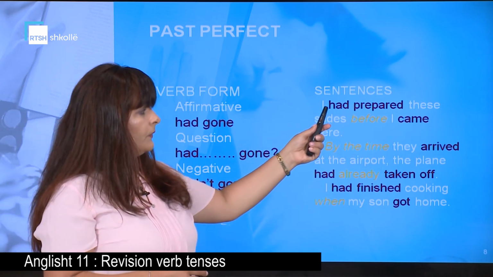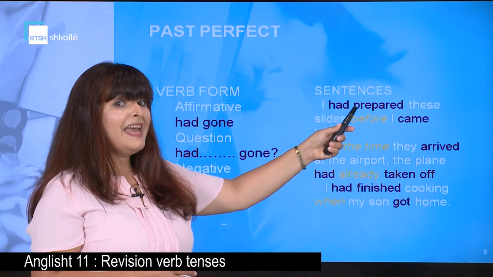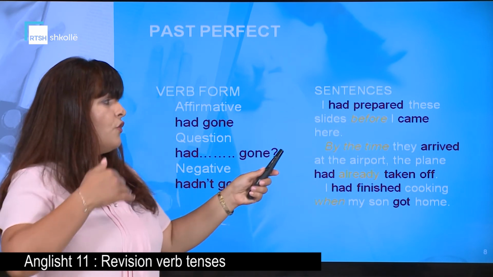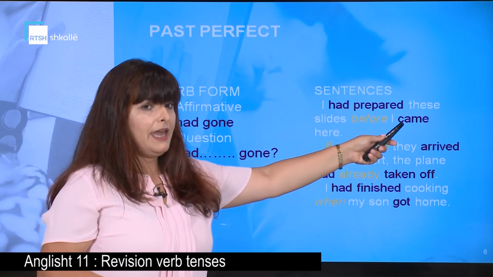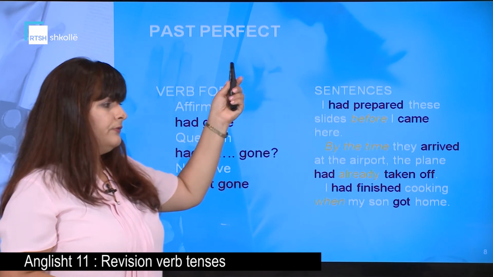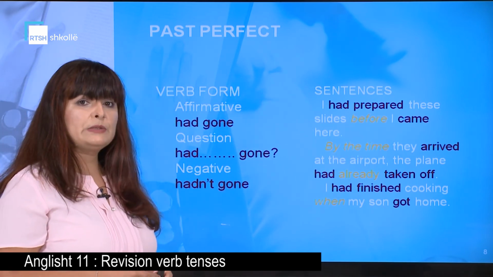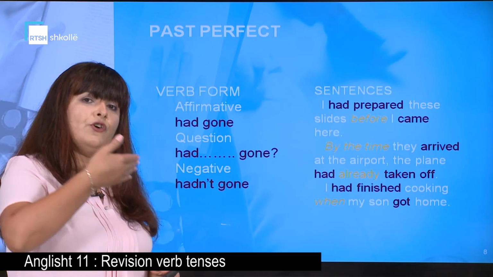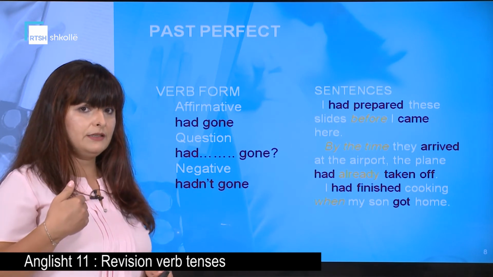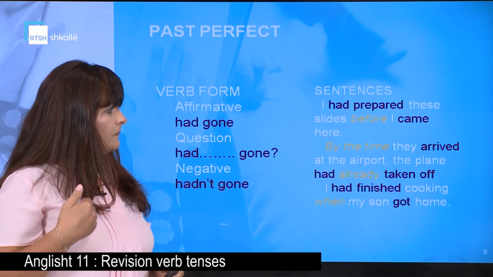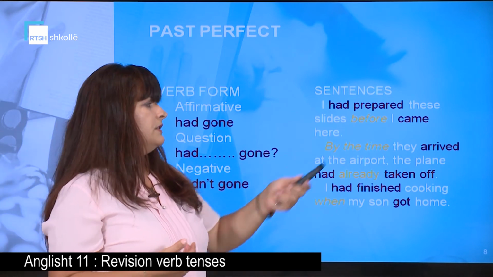So, had prepared happened before I came. So, past perfect is used to express an action before another action in the past. In this case, the time expression is before.